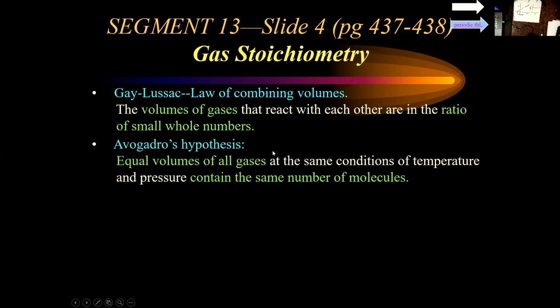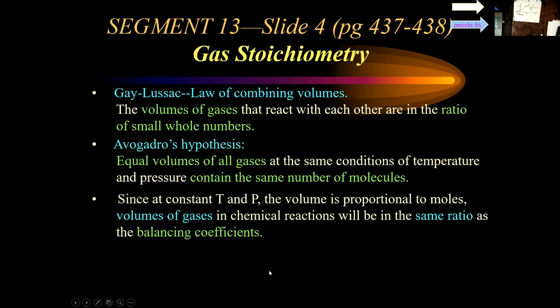And so from that, Avogadro then said that would imply that equal volumes of all gases at the same temperature and pressure are going to have the same number of molecules. And that's why the law of combining volumes works. And that makes the calculations really, really easy.